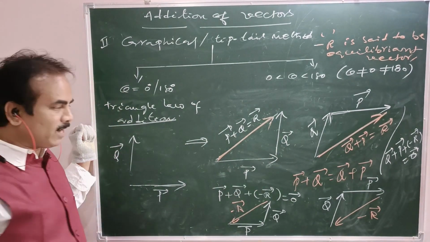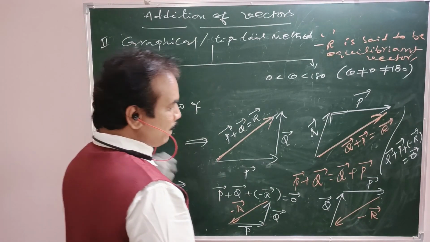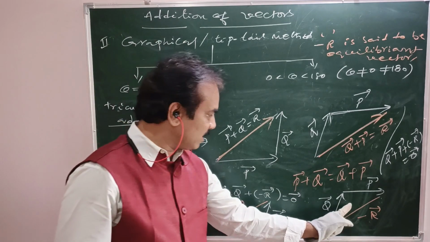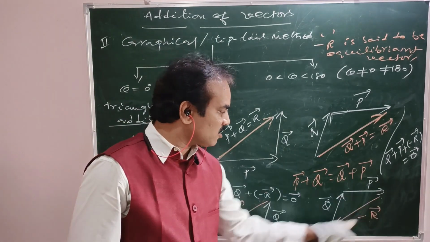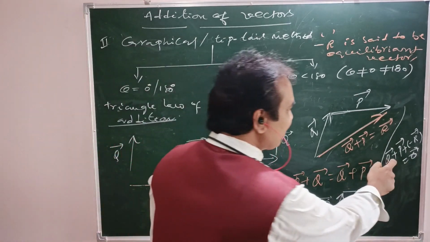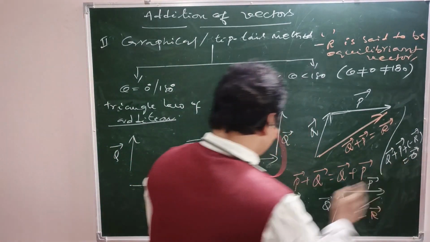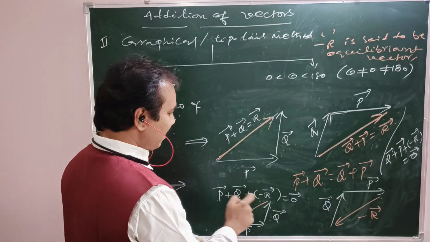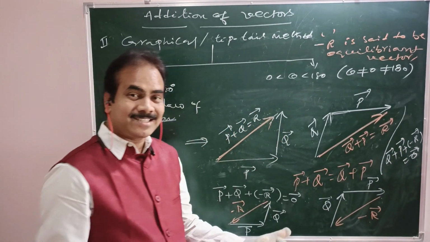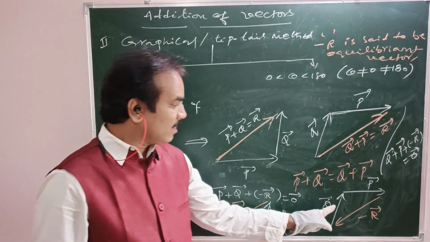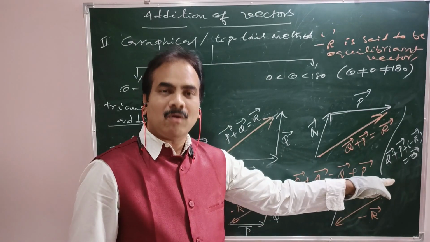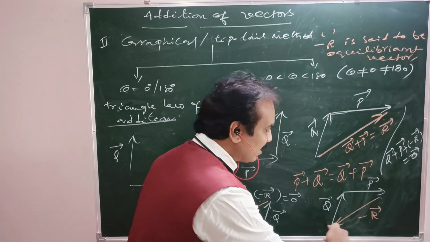Now coming to the other statement. What is the other statement? If 3 vectors act at a point such that to have 0 resultant, then they can be taken as the sides of a triangle in order, in the same order.